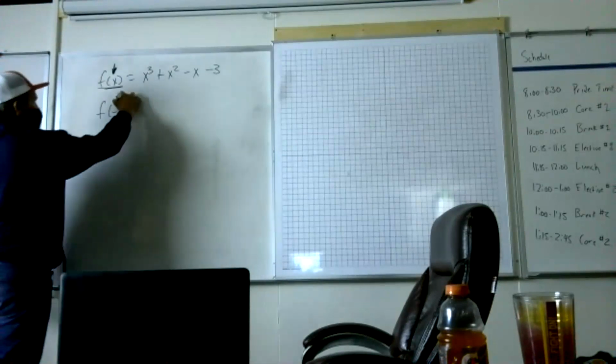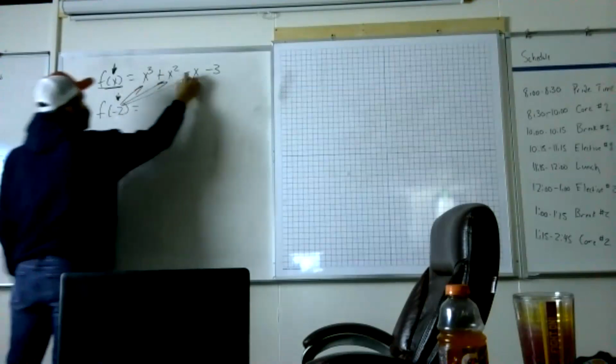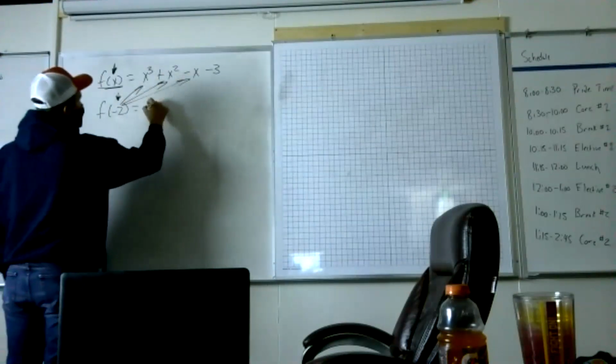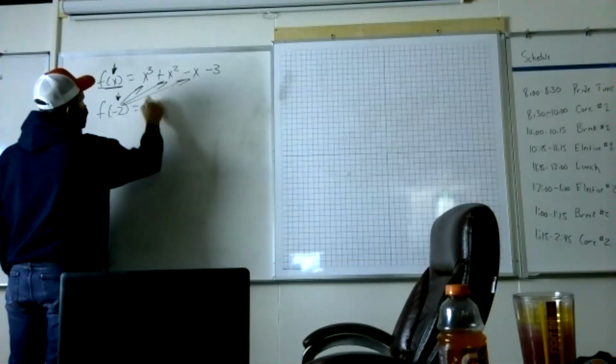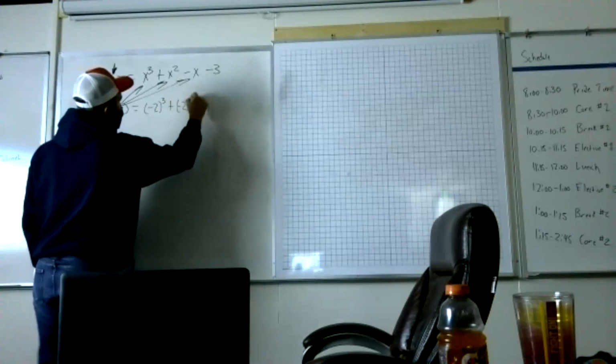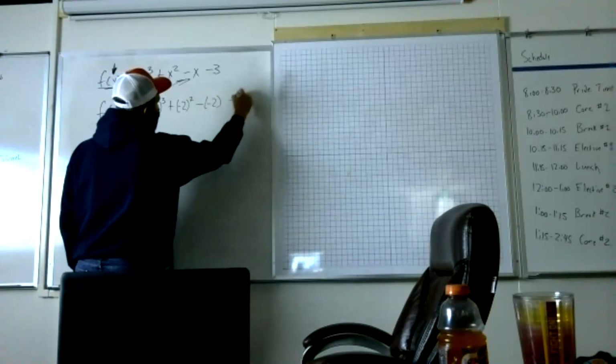Once again, we have to take this -2 and plug it in for each time that we see an x. So we'd have -2 cubed plus -2 squared minus a -2 minus 3.